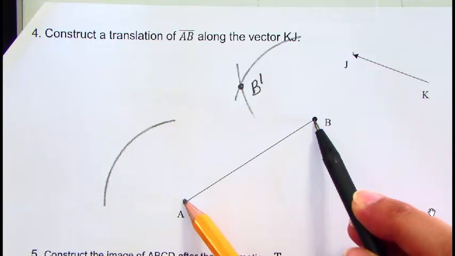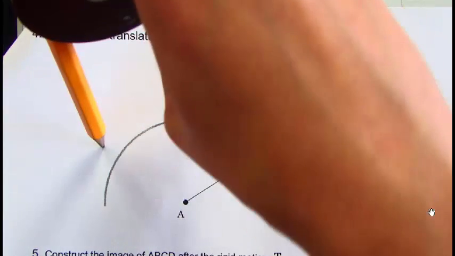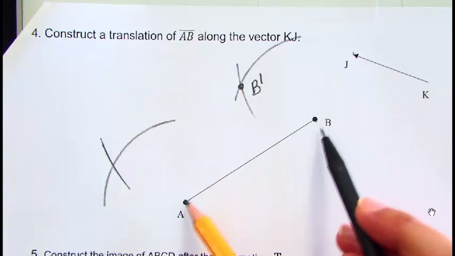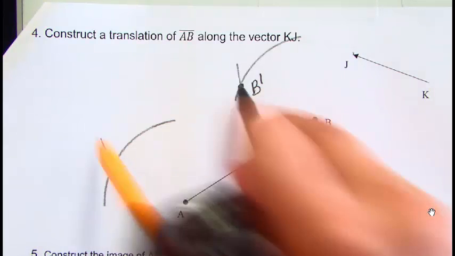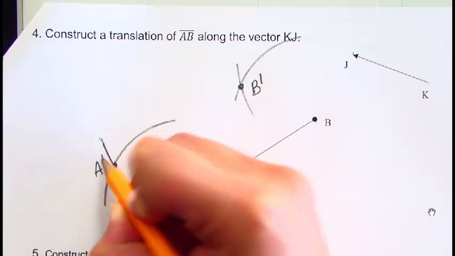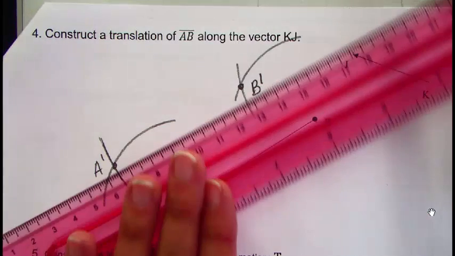A prime B prime should be the same length because translations preserve distance. They are rigid motions. So move your compass to B prime, X marks the spot, A prime. Lastly, you should always use your straight edge at the end to draw the new image.